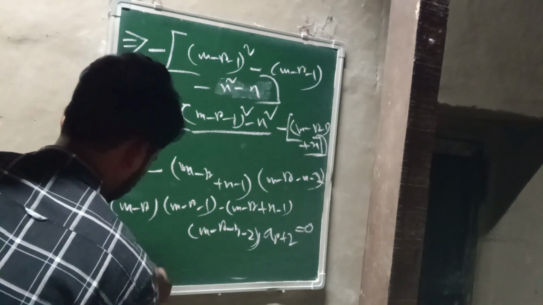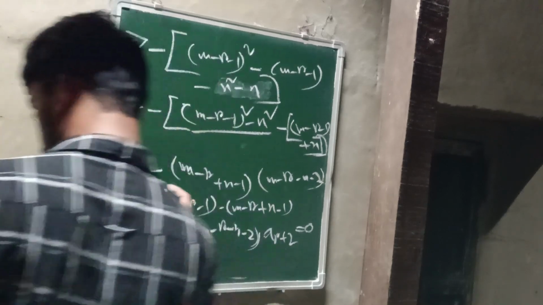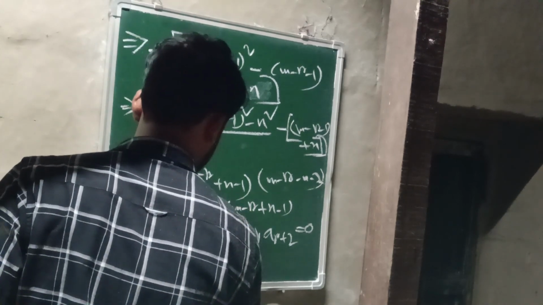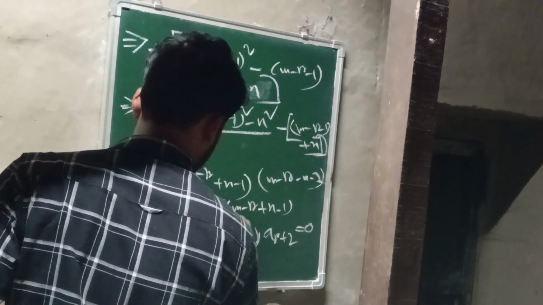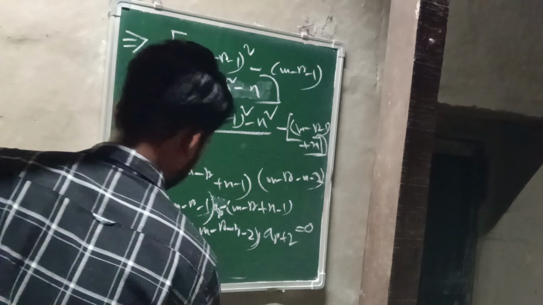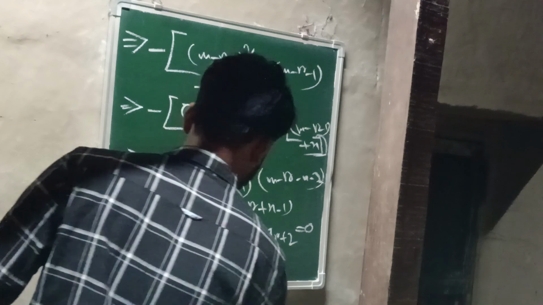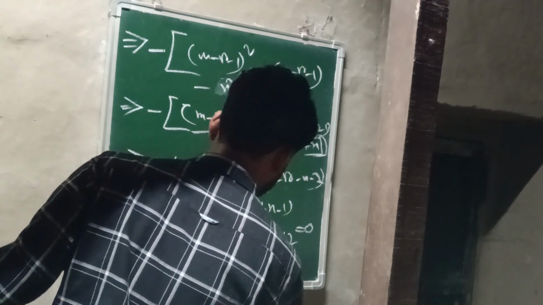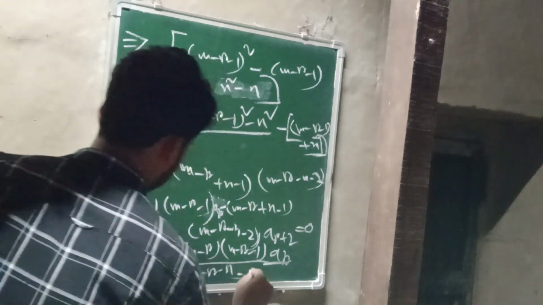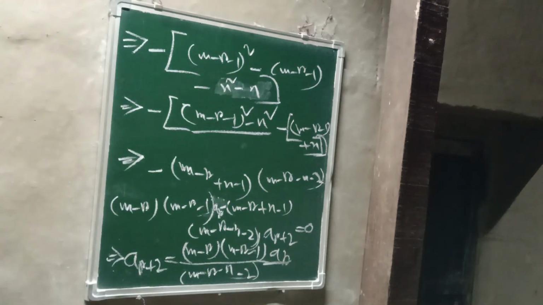Then the value of ar plus 2 equal (m minus r)(m minus r minus 1) into ar divided by (m minus r plus n minus 1)(m minus r minus n minus 2).